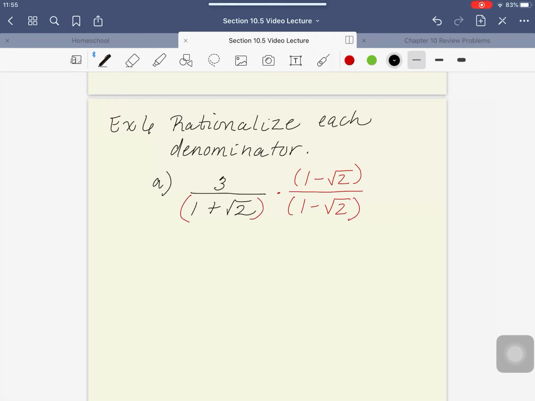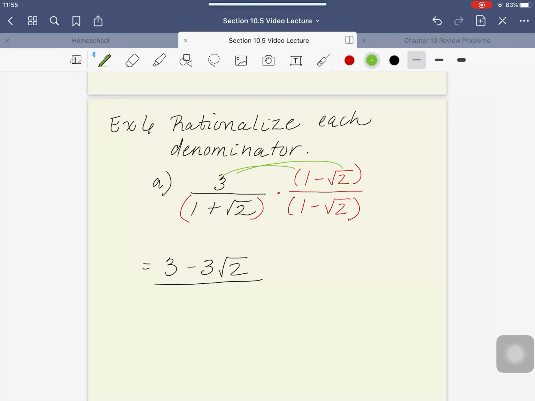Okay, and so now you can FOIL the denominator and distribute in the numerator. So in the numerator, when you distribute, you end up with 3 minus 3 square root of 2.